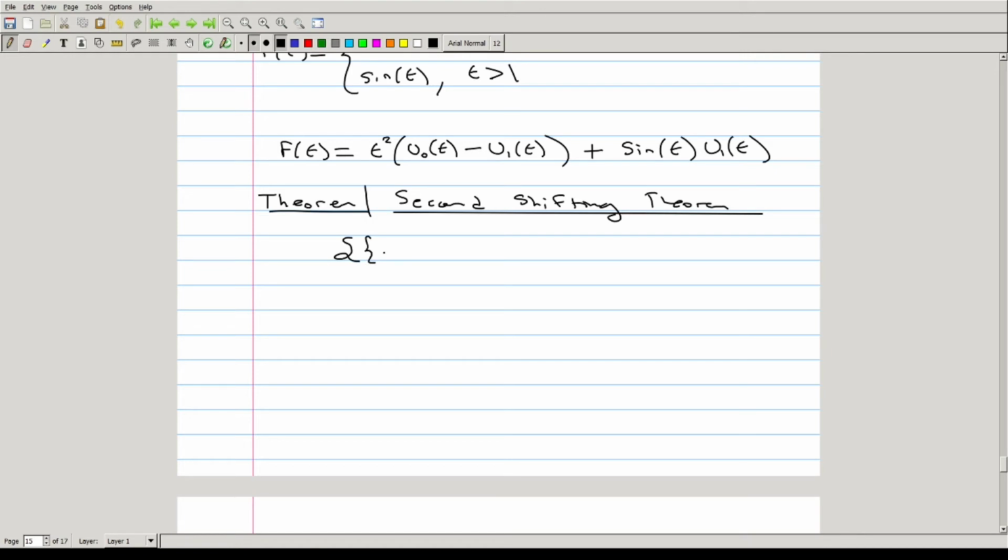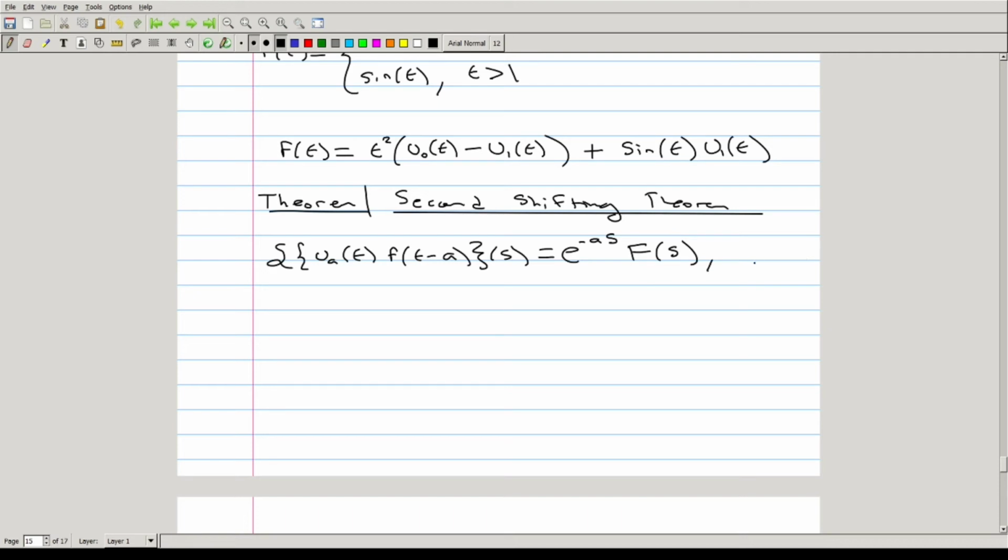The Laplace transform of the step function ua of t times some function f that's shifted by a, is going to be equal to e to the negative as multiplied by the Laplace transform of the original function f.